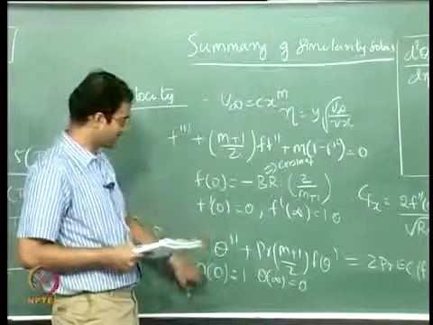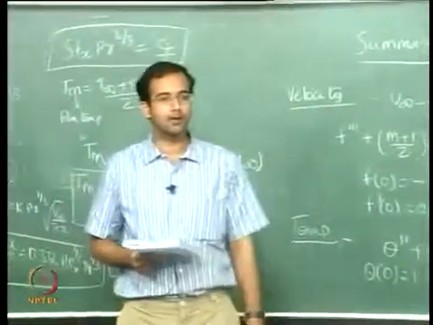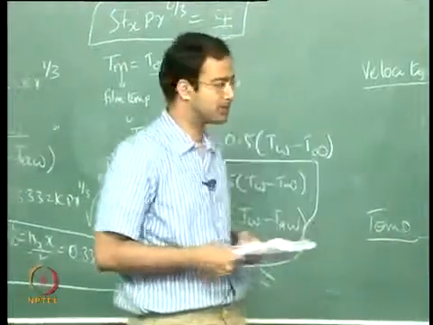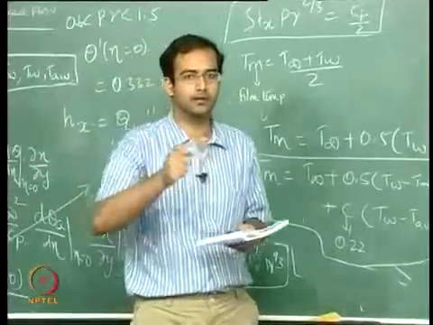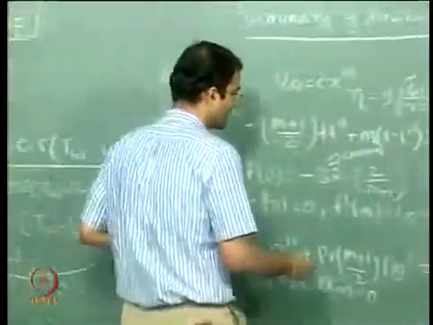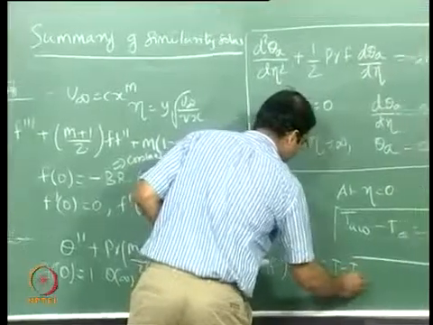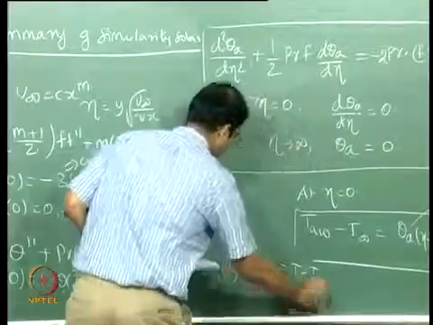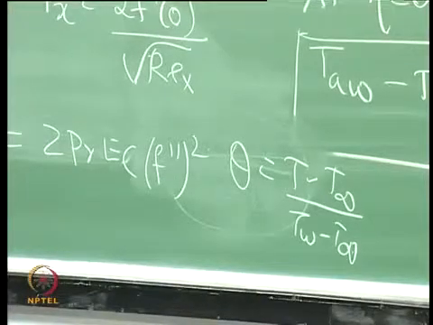So in that case the boundary conditions flip. Theta at the wall will become equal to 1, theta at the free stream will become 0. If I define it as T minus T wall by T infinity minus T wall, it will be 0 and 1. So here my definition of theta is T minus T infinity by T wall minus T infinity. Only then can I write in terms of the Eckert number here, that is why I did it like this.